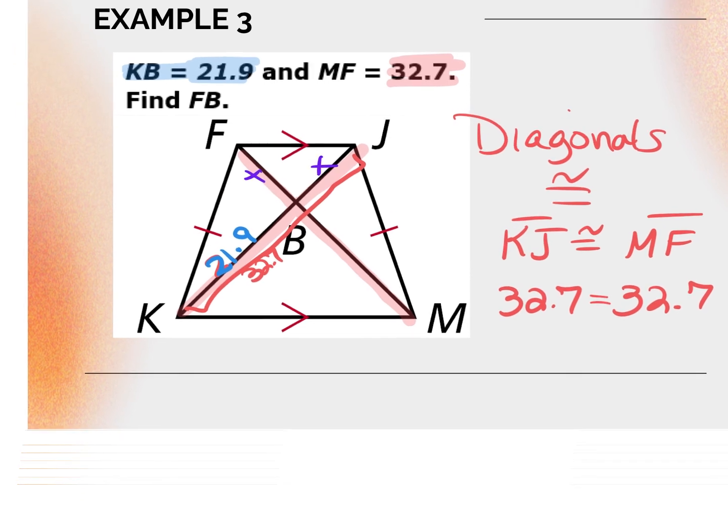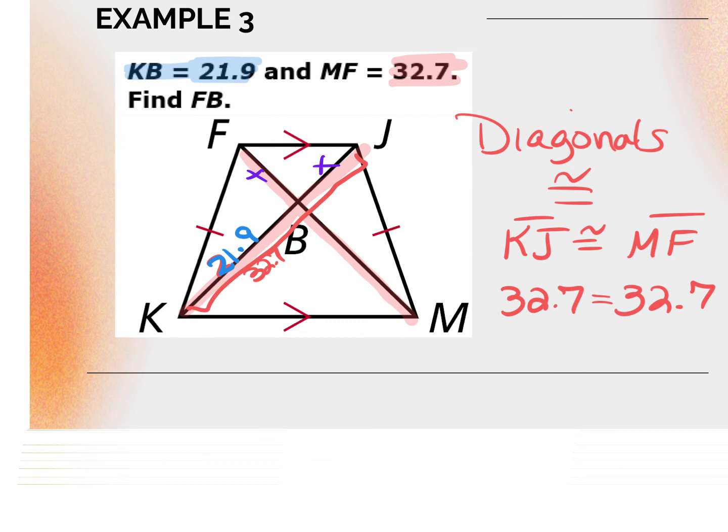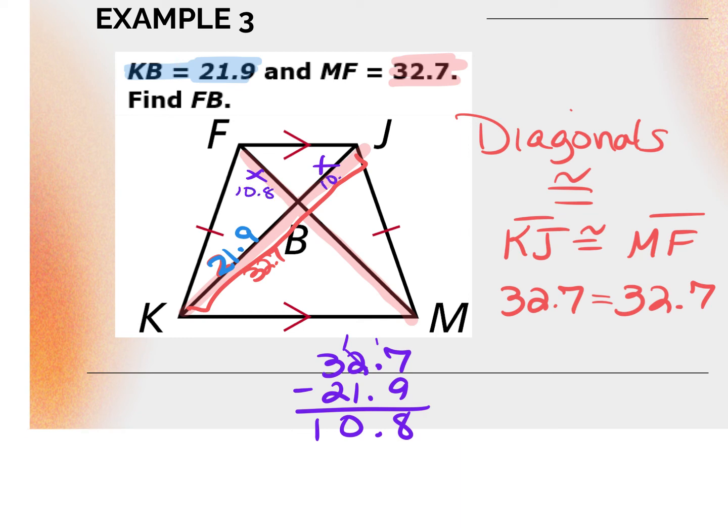The way that I can do that is to take the measure of the whole thing, the 32.7, and subtract the piece I already have, the 21.9. And I get 10.8. So the measurements of FB and JB are both 10.8, because this one is also 21.9. So FB equals 10.8.